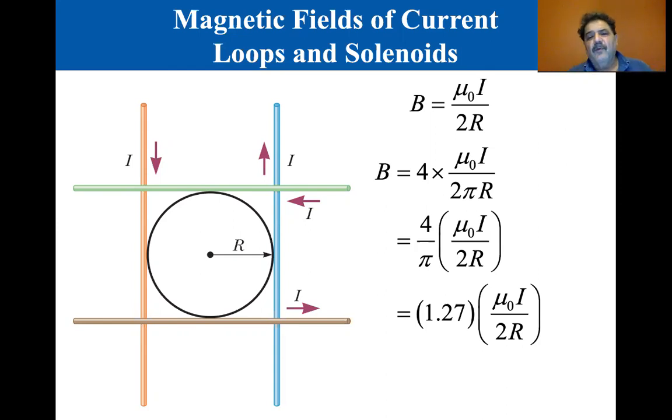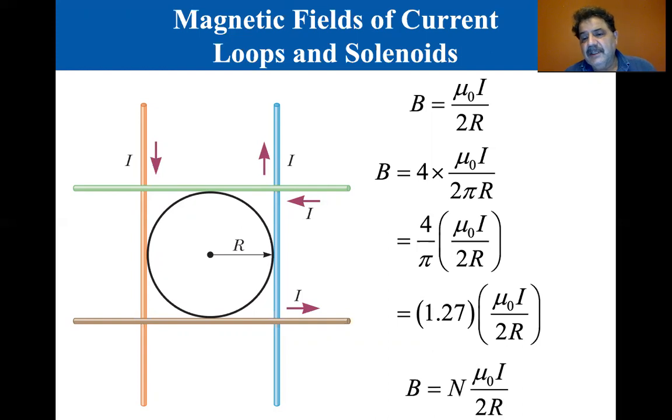So you've got four wires, and each one has a contribution of mu zero I over 2 pi r, and you've got four of those. If we bring the pi out, 4 divided by 3.14159 is about 1.27. So you can see that we've approximated it, and it's close to mu zero I over 2R.